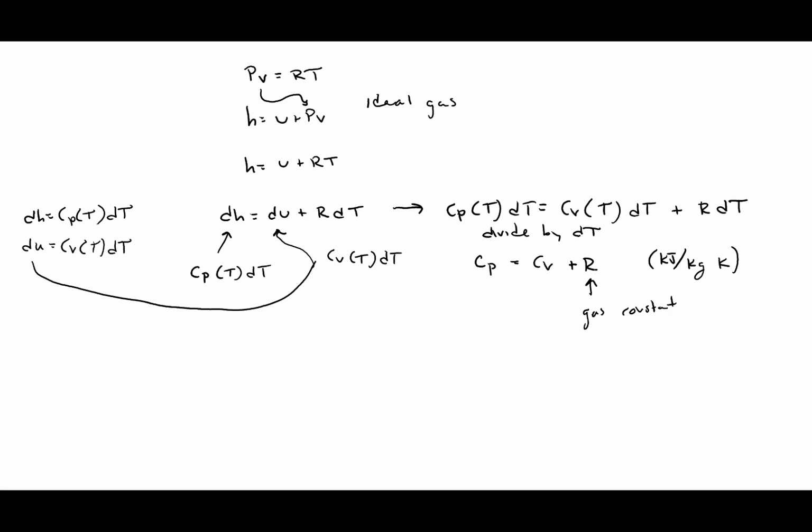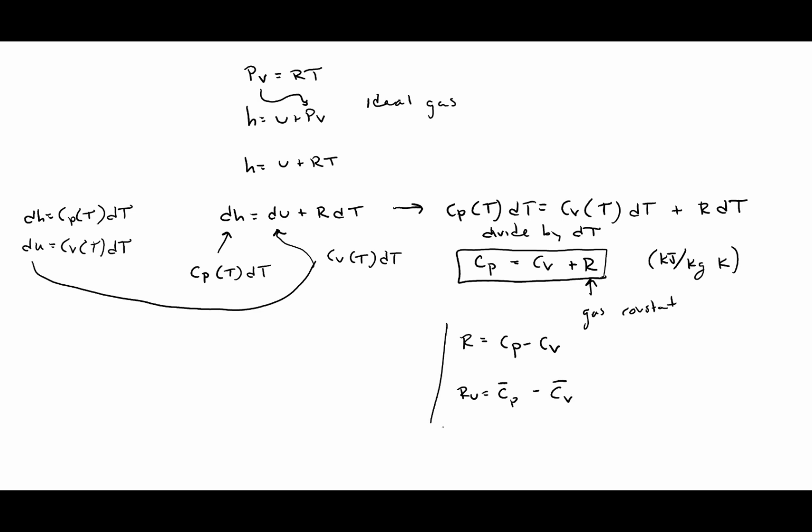So basically this is our relationship between C sub P and C sub V. R, the gas constant, is equal to C sub P minus C sub V. And this can also be written on a molar basis. On a molar basis, the universal gas constant Ru is equal to C sub P minus C sub V.